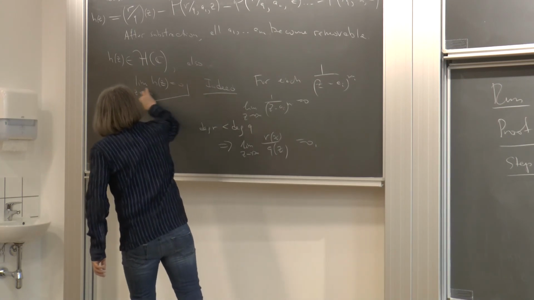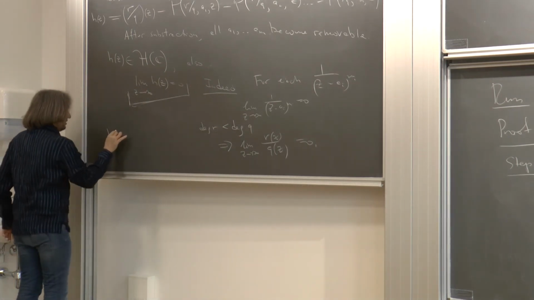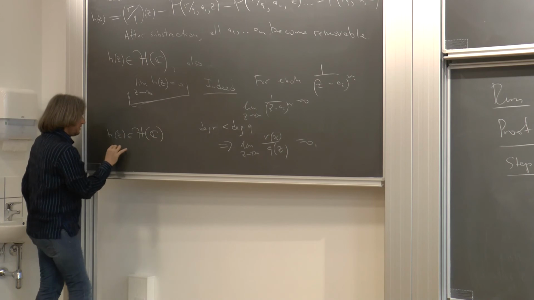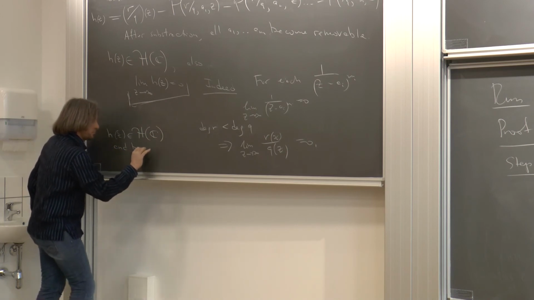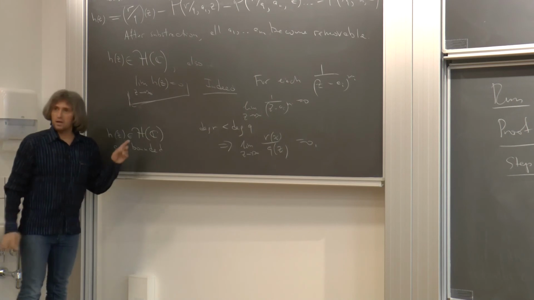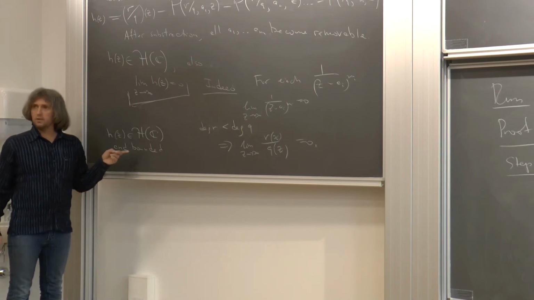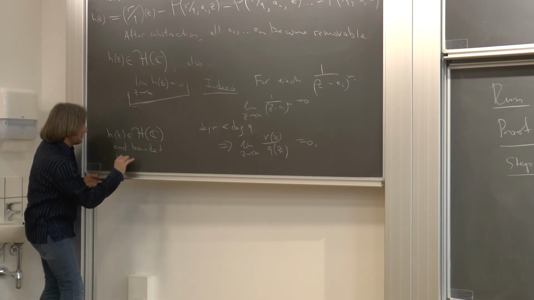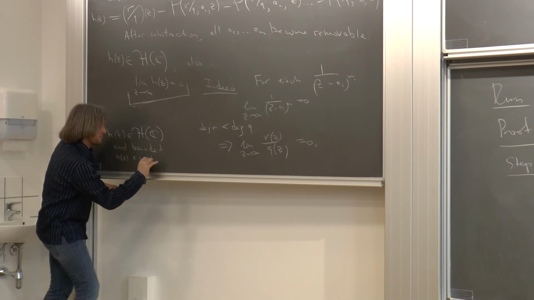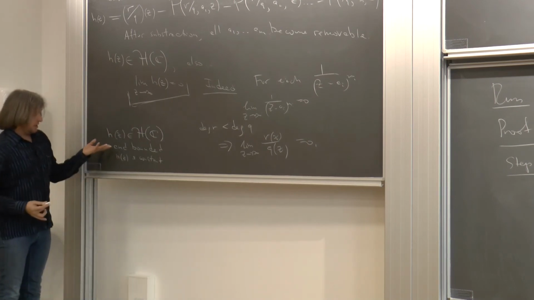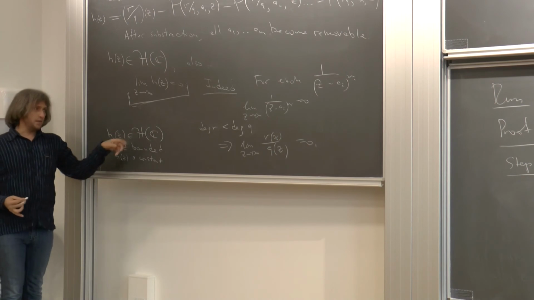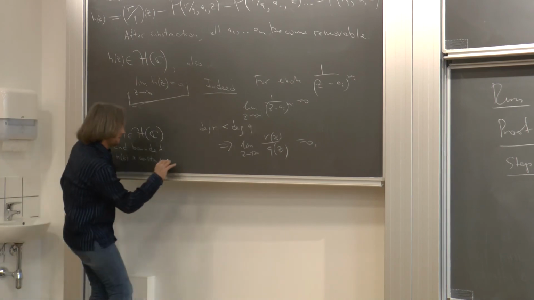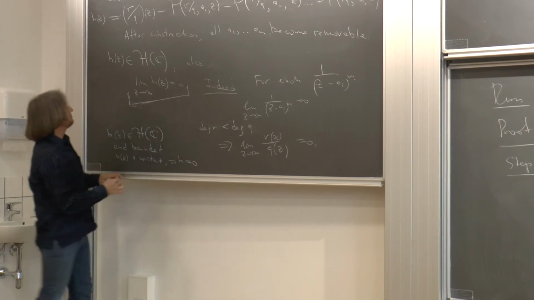So it follows that h of z is holomorphic everywhere and bounded. Now this is possible only in one case, when it's constant. h of z is constant, but then its limit at infinity equals this constant, so h is completely 0.